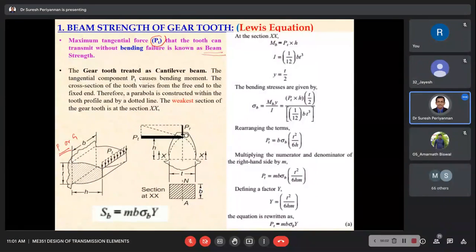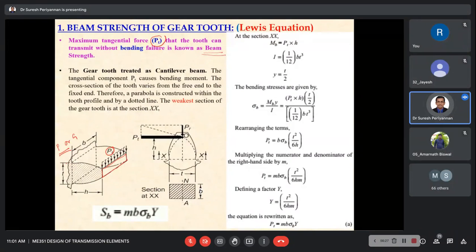This is the tangential load acting at the tooth surface, over the face width of the teeth. In his concept, he considered the tangential load acting on the edge of the teeth.